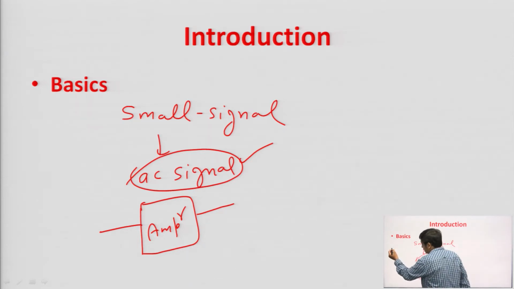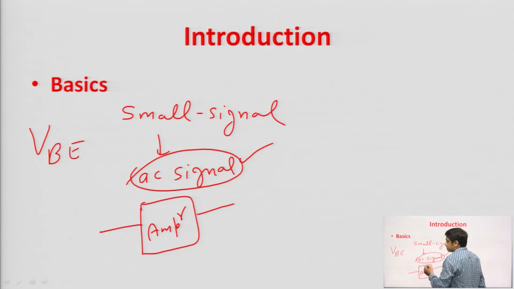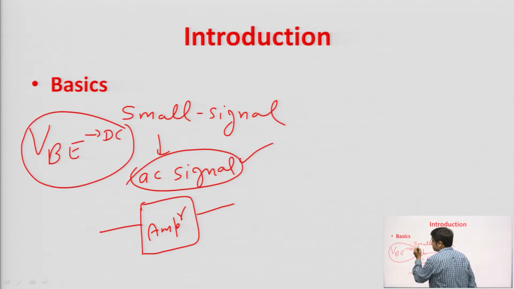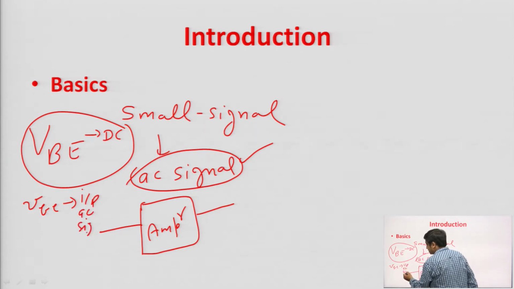So, there are some standard notations. If it is written capital V, capital B, capital E, this is your DC quantity, your DC bias voltage, and if it is small v, small b, small e, then this is your input AC signal.